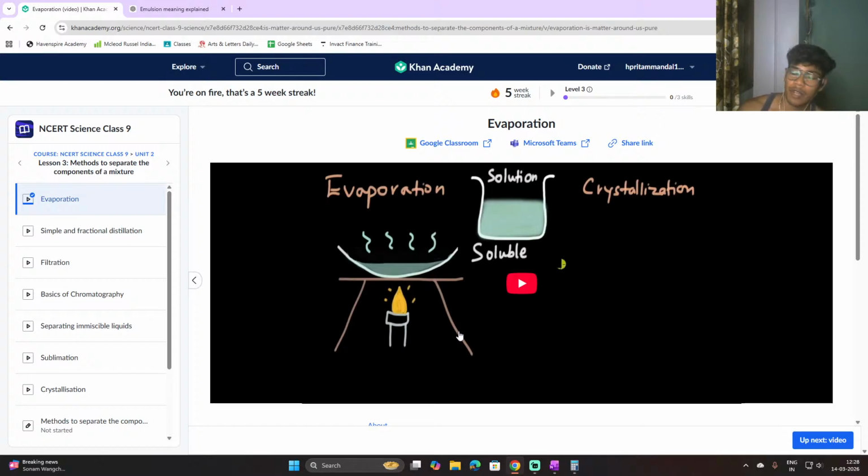You can use a Bunsen burner or some fire, take that glass of water above the fire and get the evaporation. After the evaporation is done, the water will convert to gas, and the remaining things will be the salt or sugar. That's called evaporation. Now next.